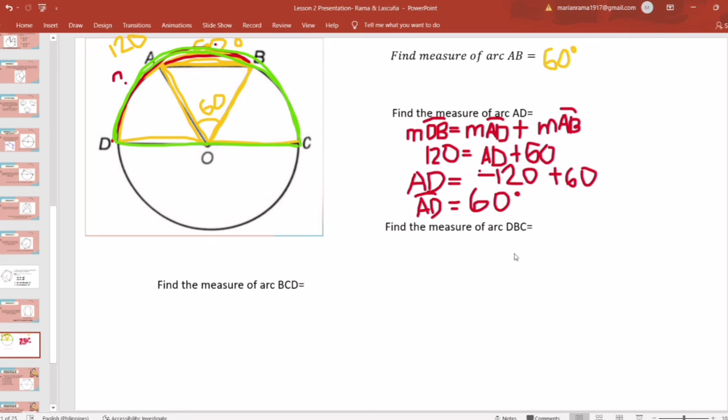Then the measure of arc DBC is equal to 180 degrees.